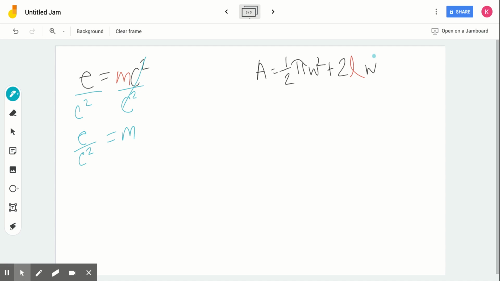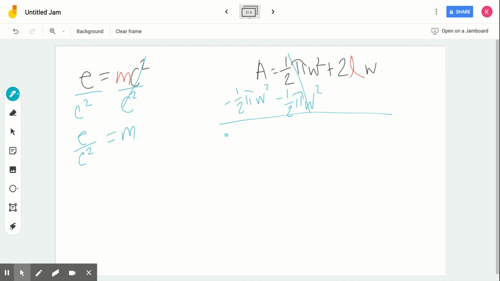So here, if we look at this next one, we have A equals 1/2 pi w squared plus 2lw. Here we're starting on that same side as the variable that is in red, but furthest away from it. So we're going to start by subtracting 1/2 pi w squared from each side.